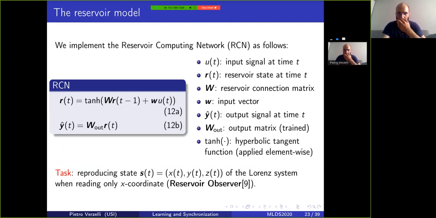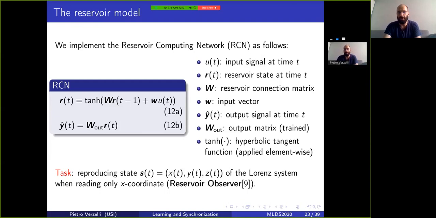But how do we construct our reservoir? We implement the Reservoir Computing Network, which is a recent name which I really like. And of course, it's just a network with hyperbolic tangent activation. We have capital W, which is the reservoir connection matrix, which basically is the linear part of the update. And then W_in, which is the input vector, which allows the input to enter the state.